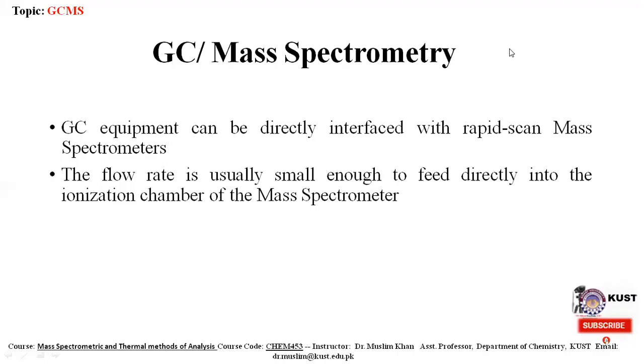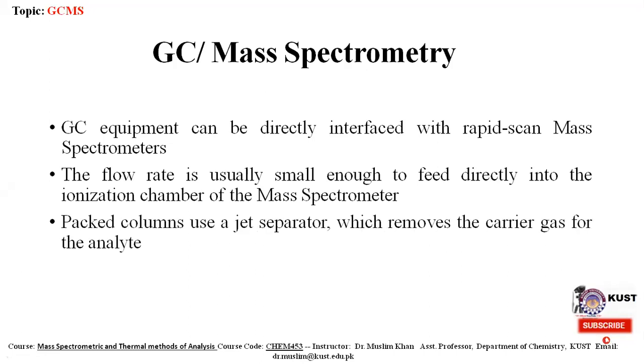The flow rate is usually small enough to feed directly into the ionization chamber of a mass spectrometer. Packed columns usually use a jet separator, which removes the carrier gas from the analyte.